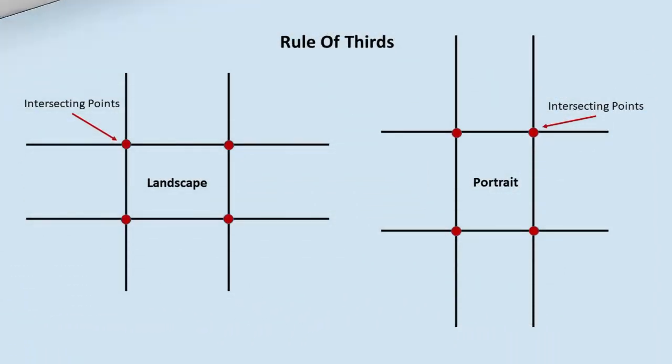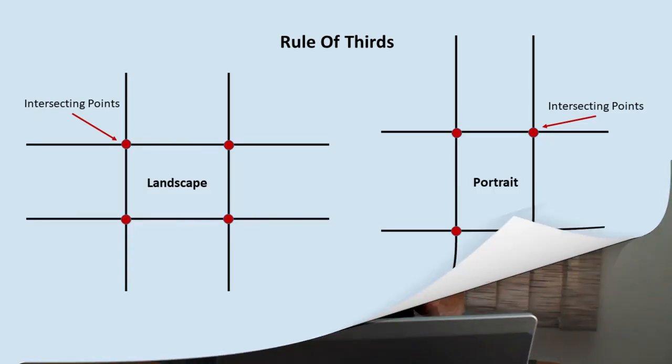Now, on these lines that are provided through the rule of thirds, the whole idea is to bring balance into our image. So we're going to have vertical lines and horizontal lines, and you'll see that your screen is actually divided into three different sections, vertical and horizontal.